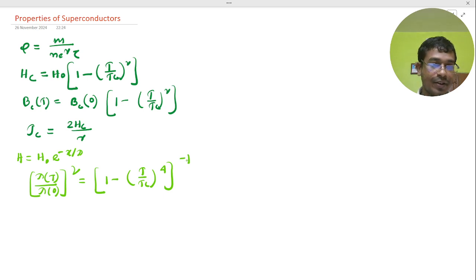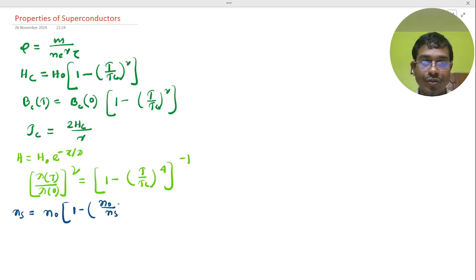And we have another equation for the superconducting electron density: Ns equals N naught times 1 minus T by Tc to the power 4, and lambda T is lambda naught times N naught by Ns to the power half.